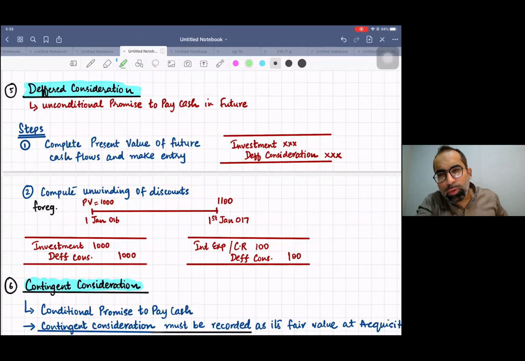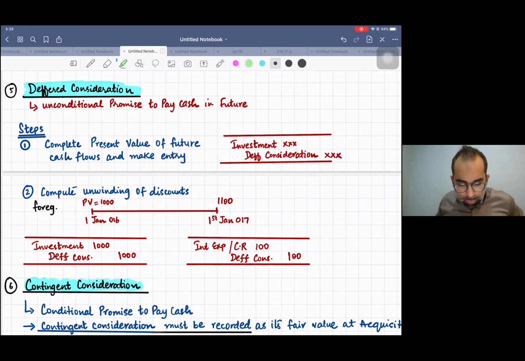The basic idea of F7, I hope you remember: whatever payments are deferred for 1 year or more, we need to discount them.